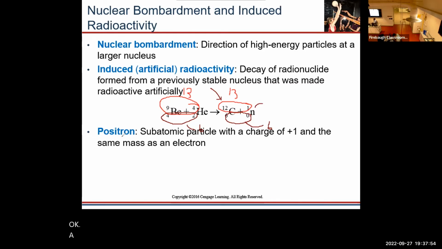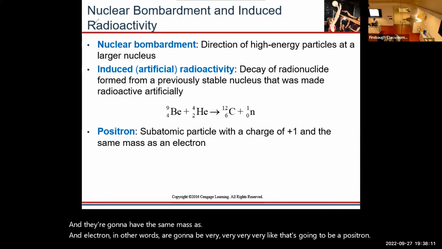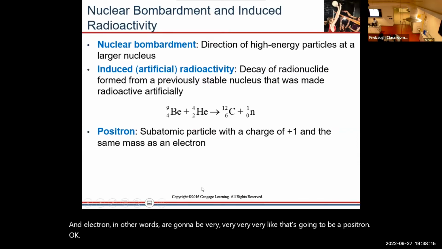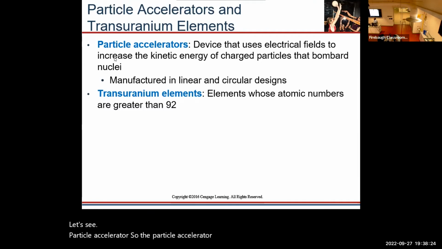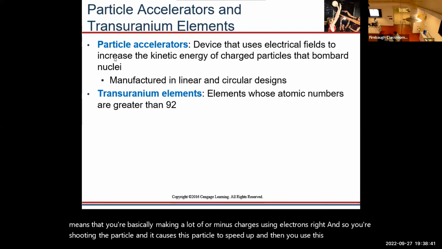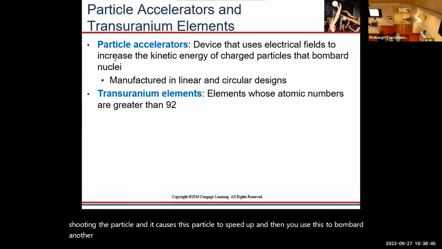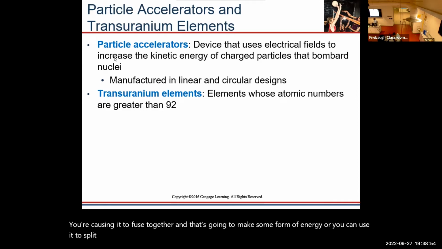Positrons are subatomic particles with a charge of +1, and they have the same mass as an electron. A particle accelerator is a device that uses electric fields, with plus and minus charges, to speed up a particle. You then use this particle to bombard another element, either fusing it together or splitting it.